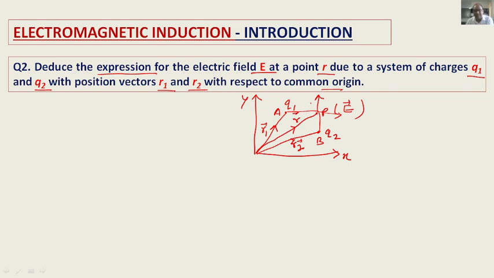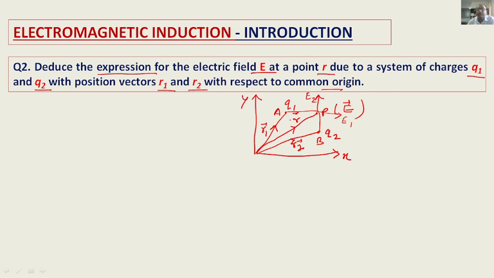Here we find that the angle between E1 and E2 seems to be almost 90 degrees. So cos 90 degrees will be equal to 0 even if we use the parallelogram law.